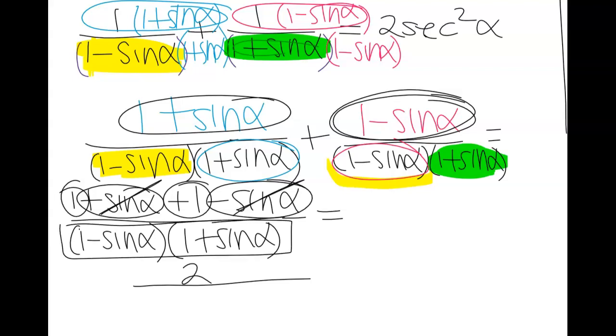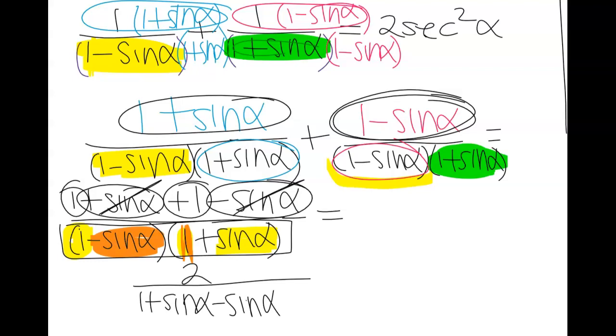And now we have the denominators here, so what I want to do is multiply them. We have two binomials. If I multiply 1 times 1, I will get 1. If I multiply 1 times sine alpha, I will get positive sine alpha. Then if I multiply negative sine alpha times 1, I will get negative sine alpha.